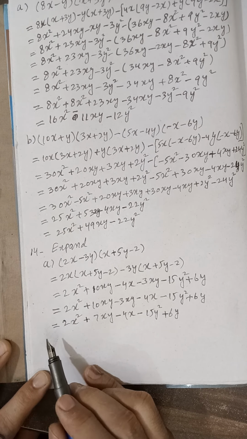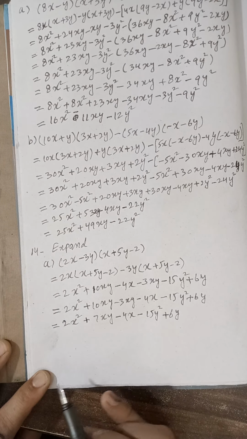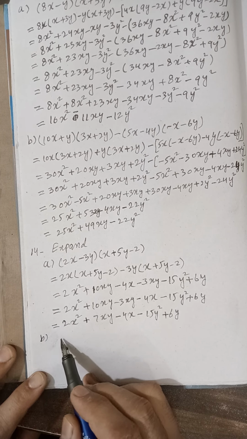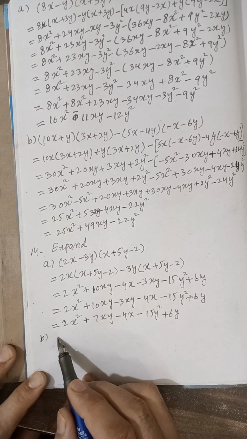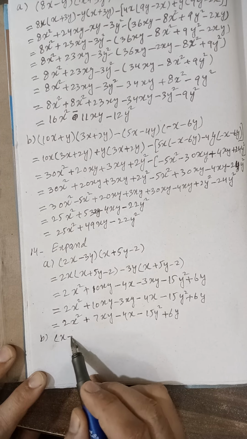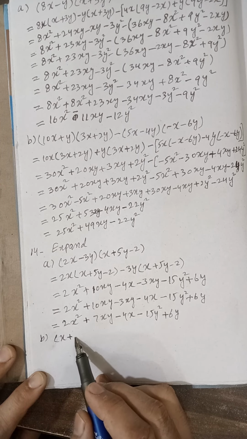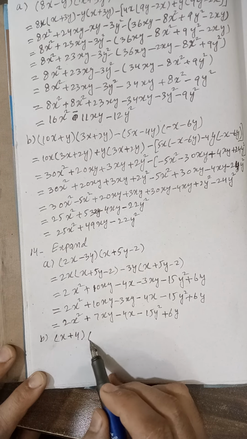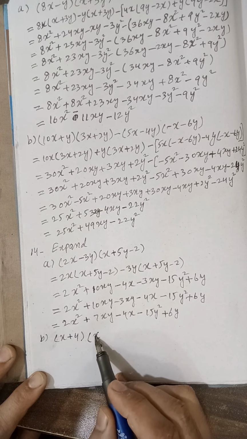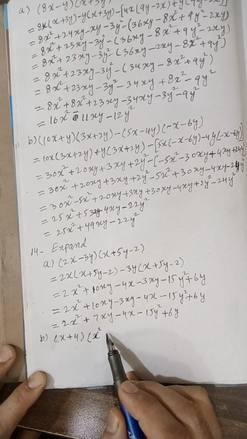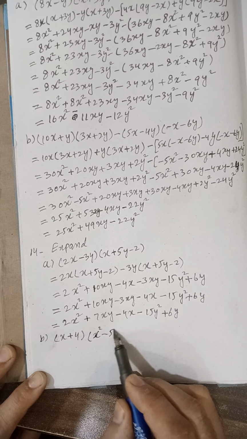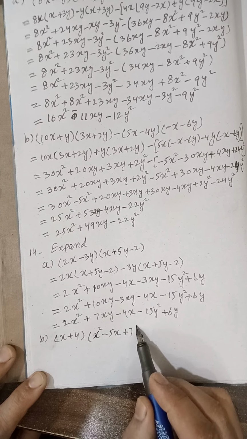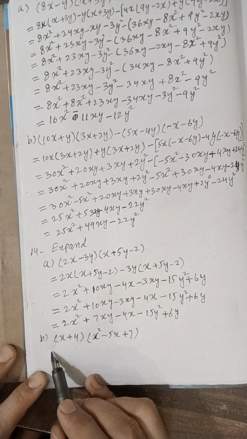Then there is the B part of question number 14. This one is (x plus 4) into (x square minus 5x plus 7), whole bracket.